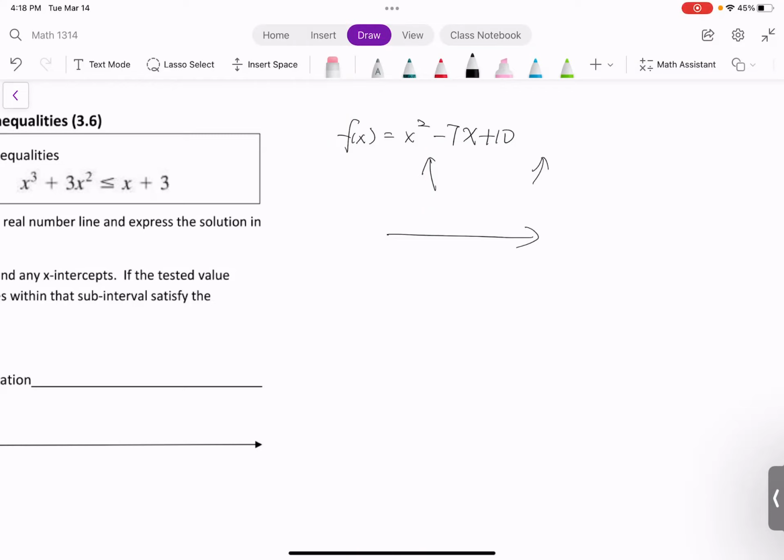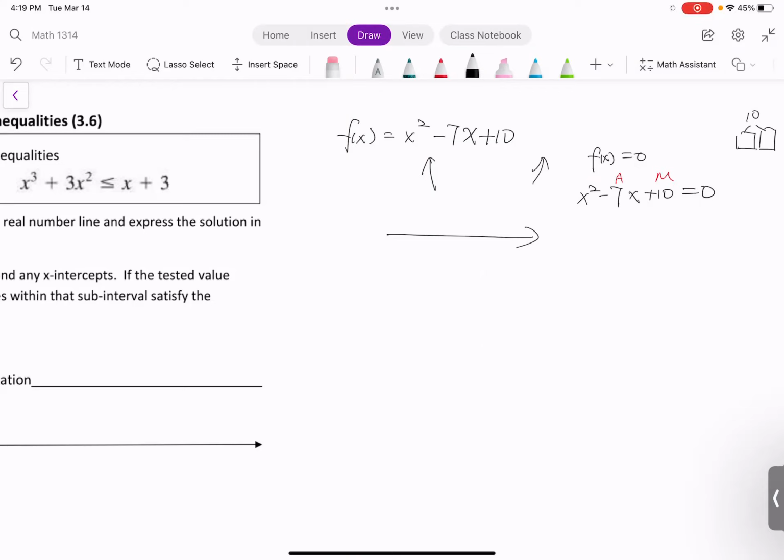The x-intercepts make f of x equal to 0. x squared minus 7x plus 10 equals 0. Factor this polynomial. We can use the AM method. Here's A, here's M. M means find two factors. The addition makes -7, the multiplication makes 10.